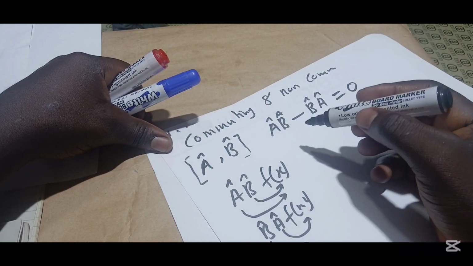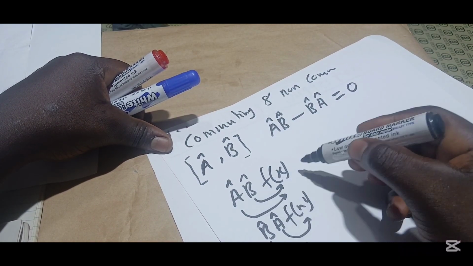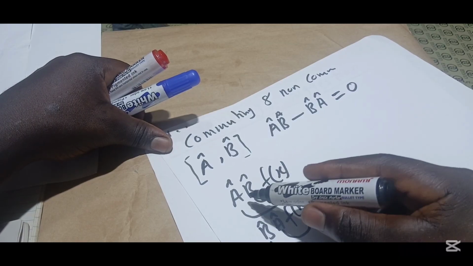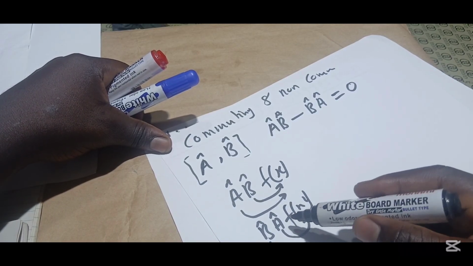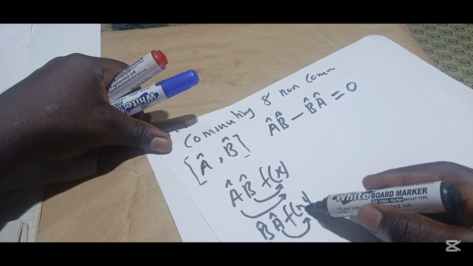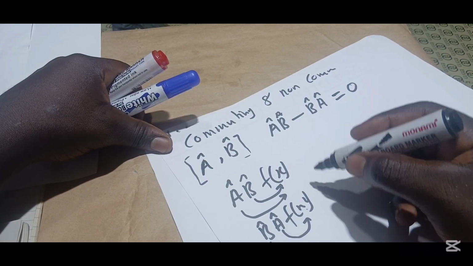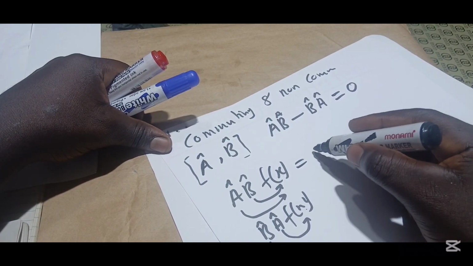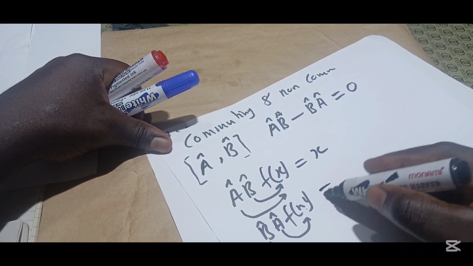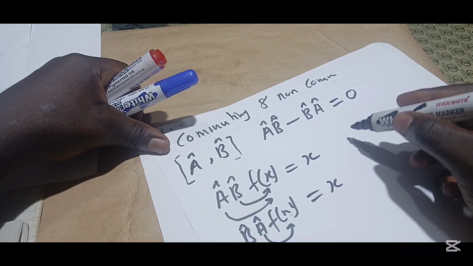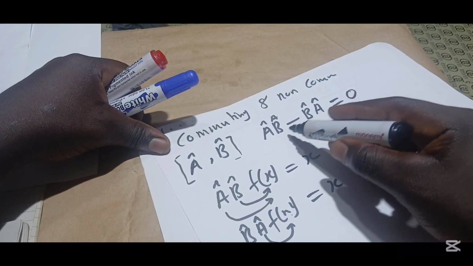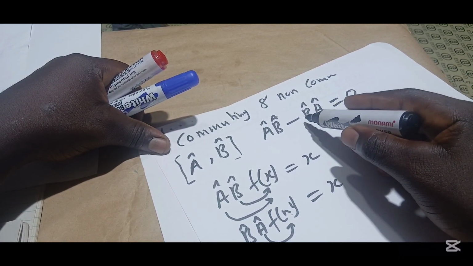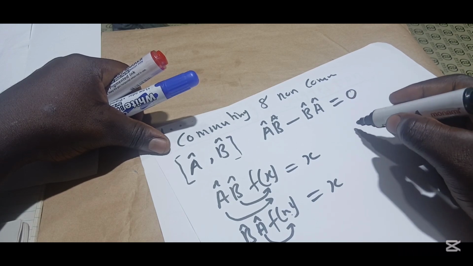So if we operate B on the function followed by A, and the other one we operate A on the function first followed by B, and we get results which are the same, let's say here we got X and here we got X, then the difference between AB and BA should give us 0.